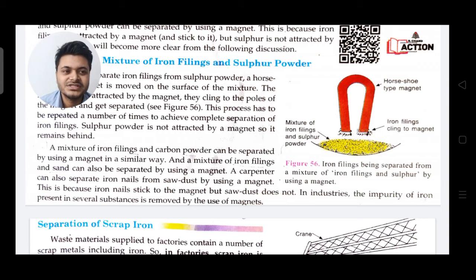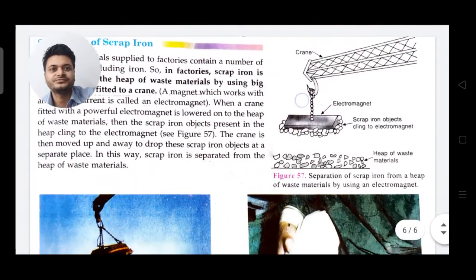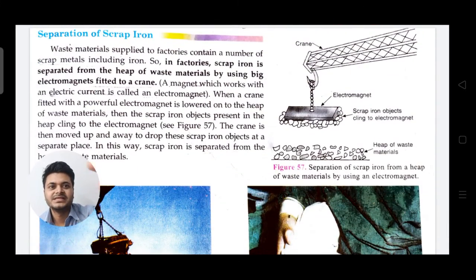In industries, the impurities of iron present in several substances are removed by using a magnet. You can see in figure 57 the separation of scrap iron from a heap of waste material by using an electromagnet.